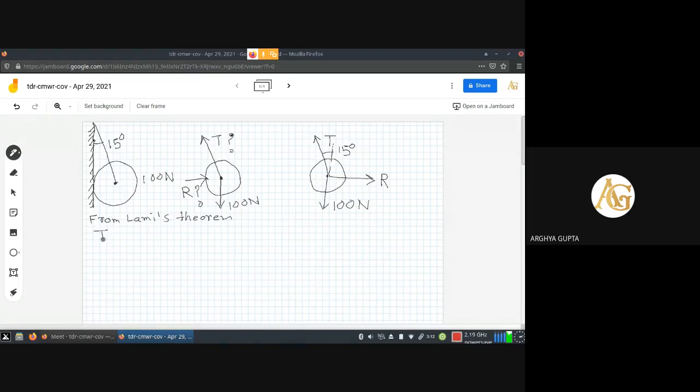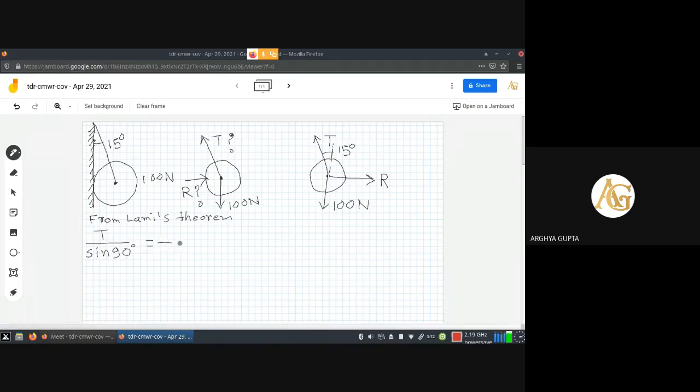T divided by sine of the angle between the other two forces, that is the angle between R and 100 Newton. So that angle is 90 degree, isn't it?